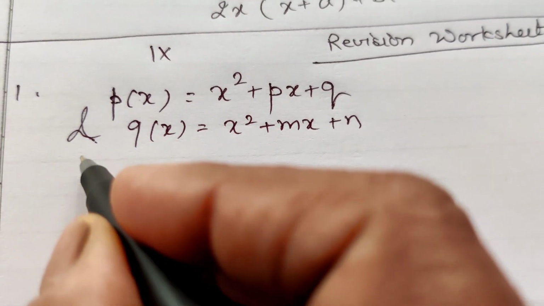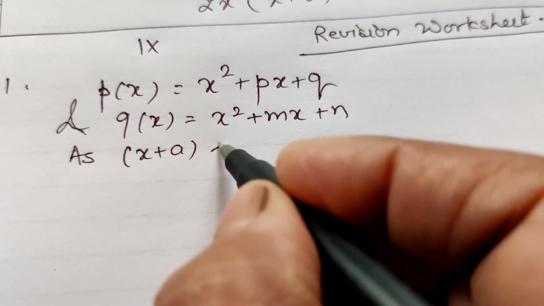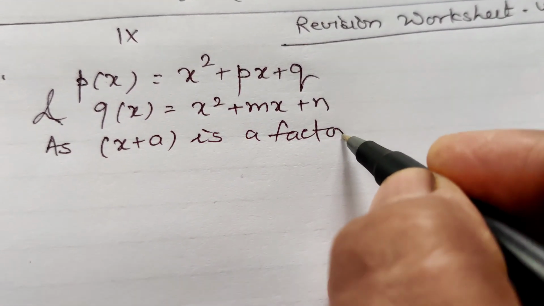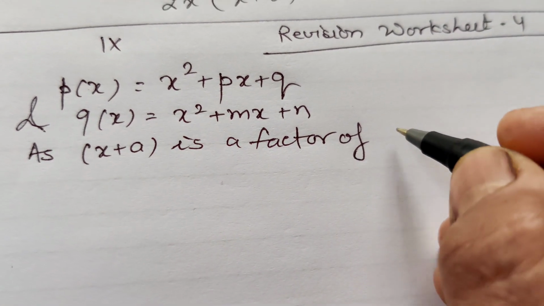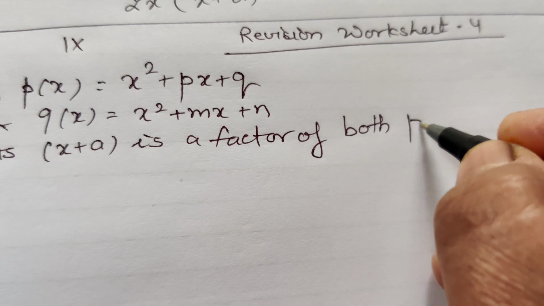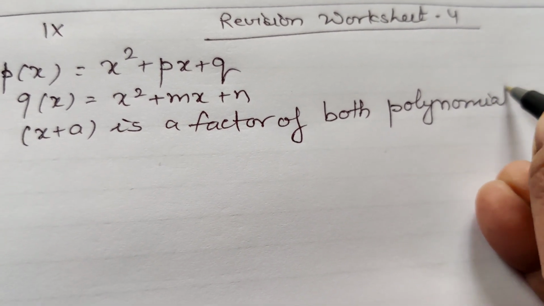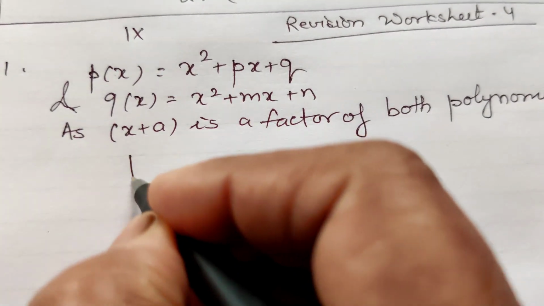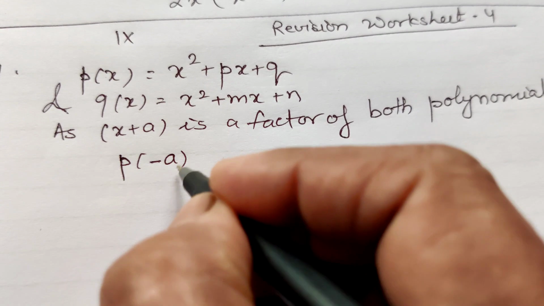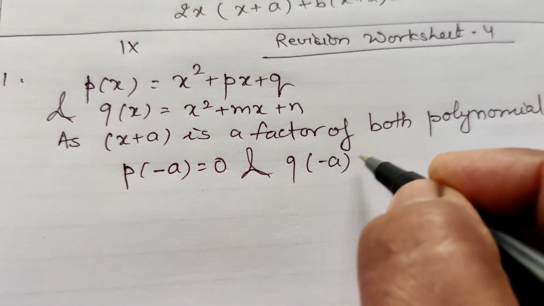As x plus a is a factor of both polynomials, it means p(-a) equal to 0 and q(-a) equal to 0.